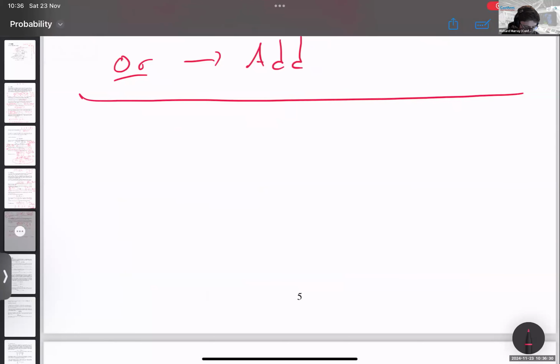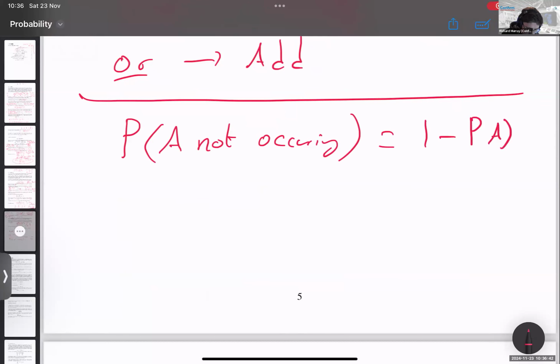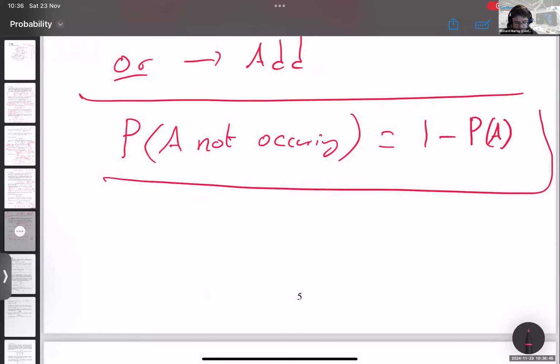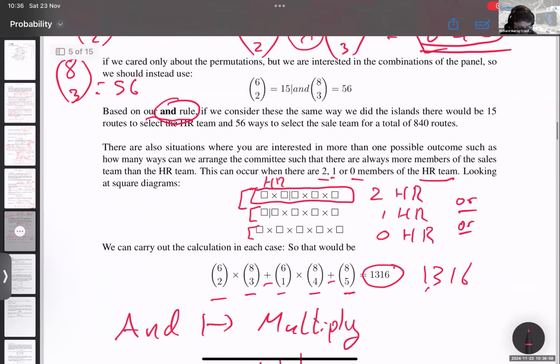So this is part of another concept that you will need to be familiar with, which is the probability of A not occurring is equal to 1 minus the probability of A. This is something that comes up all the time. If you're working on a question and it looks like it's going to be a lot of work and very, very complicated, normally there's a shortcut you can take. So in this case, we are being asked how many ways is it that we can select more of the sales team than the HR team?